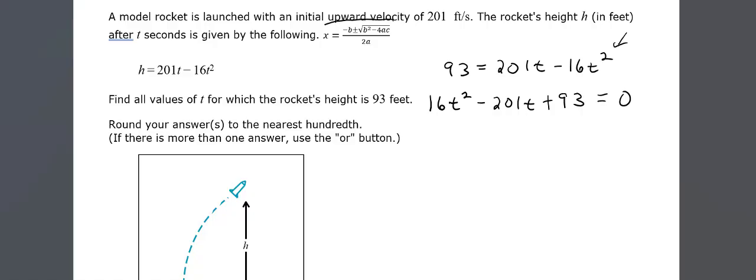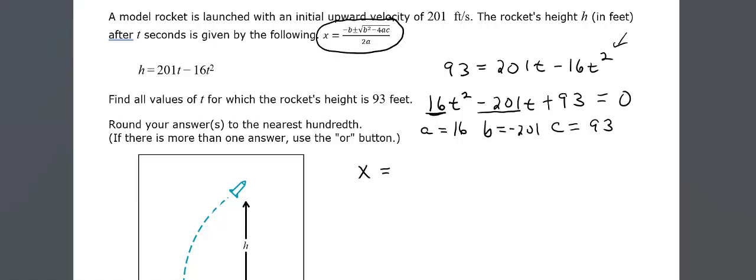So we're going to use our quadratic formula to help us solve for t. So again, we need to identify a, b, and c. So a is 16, b is negative 201, and c is positive 93. So we're going to put this in our quadratic formula. x equals the opposite of b.